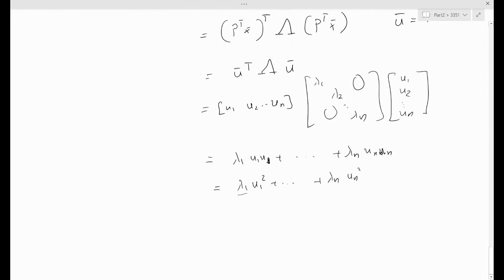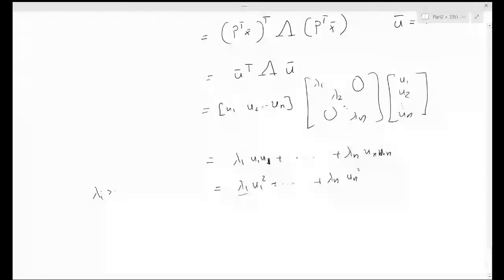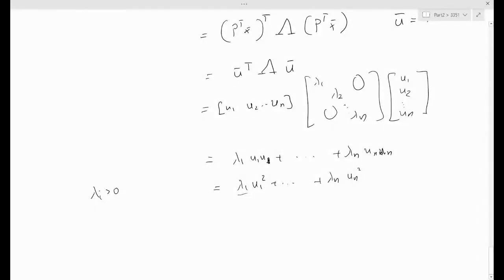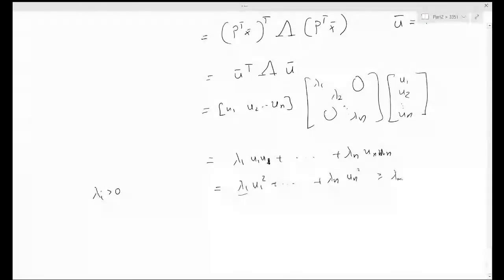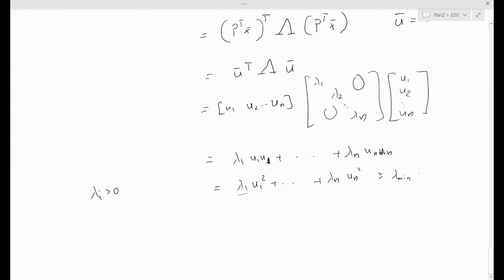Well, if you assume that all the eigenvalues are positive, and you take the minimum one, just positive, then this is at least that times the magnitude of u squared.